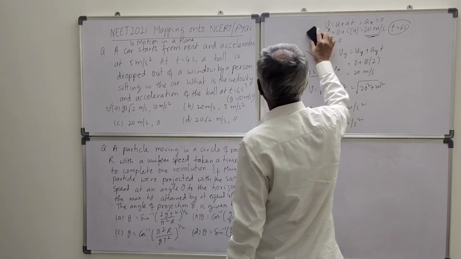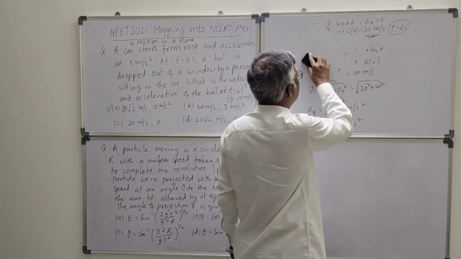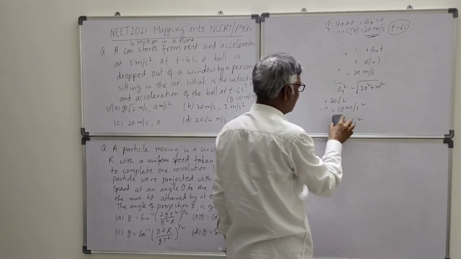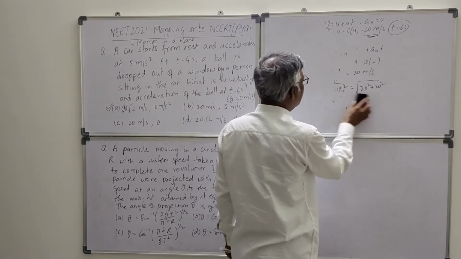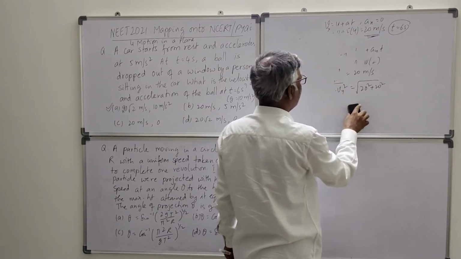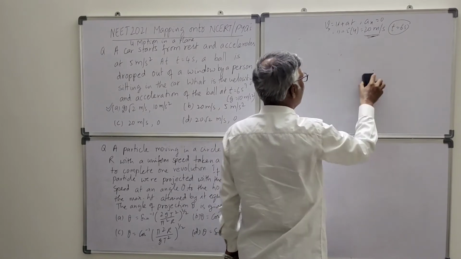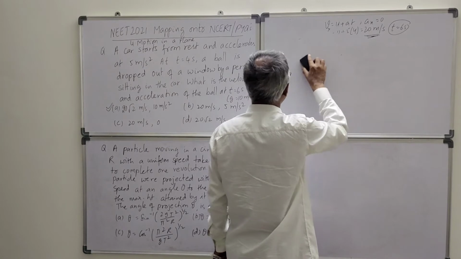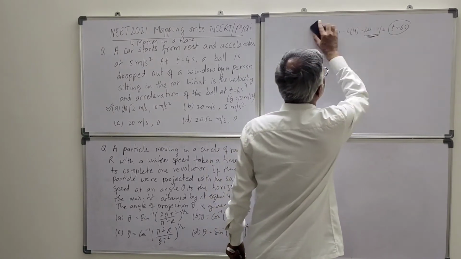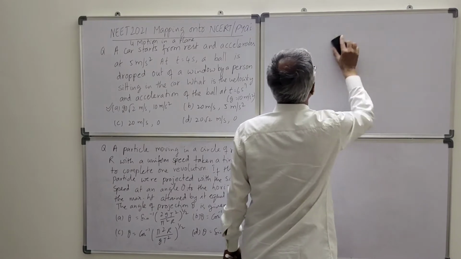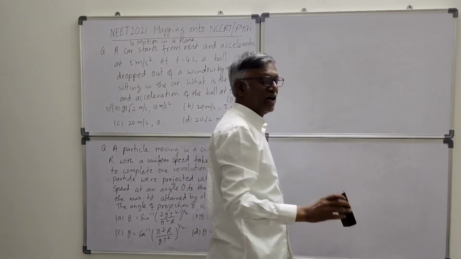While solving problems in the examination hall, sometimes you can use common sense, avoiding and eliminating the wrong answers. Shortcut method only, that's what I am discussing. This is one shortcut method. By observing, you can give the answer.